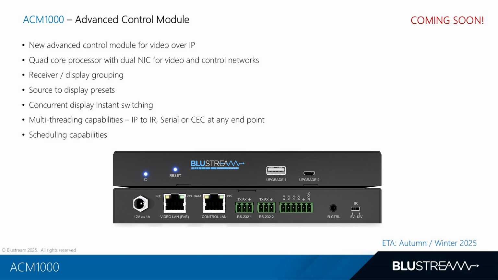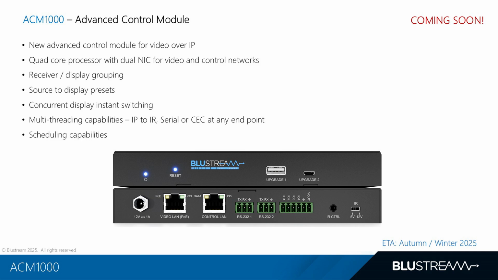Next up, we have multi-threaded command execution. And what it does is translate IP commands directly to IR, RS-232, or CEC at any endpoint, enabling native source and display control from anywhere in the system. We also now have flexible serial control, so route independent serial commands or pass-through serial control to any TX or RX unit with granular precision.